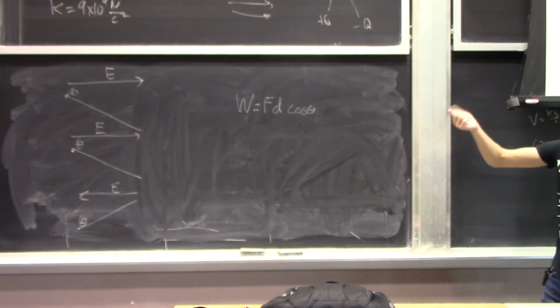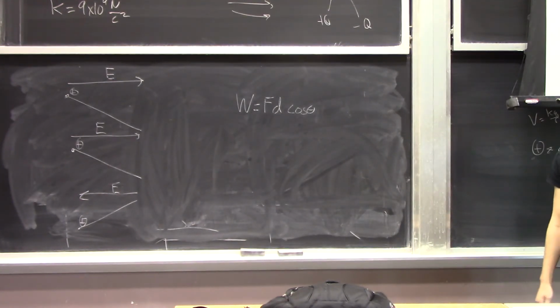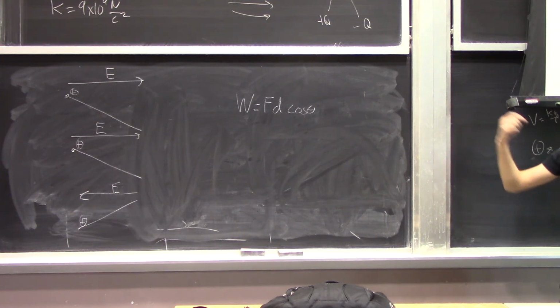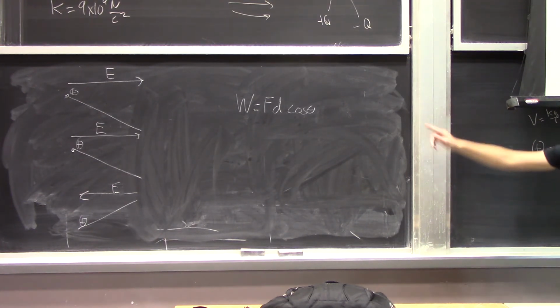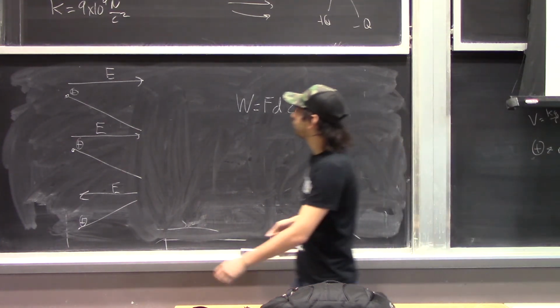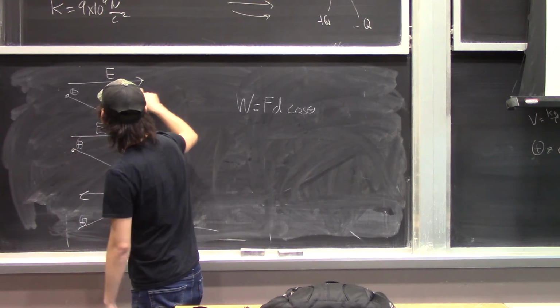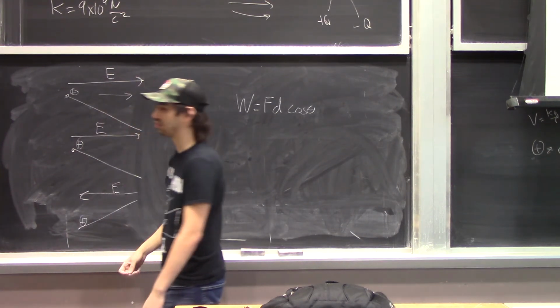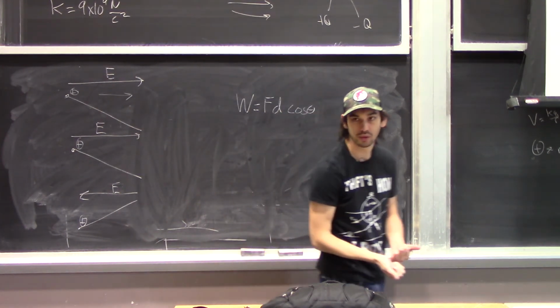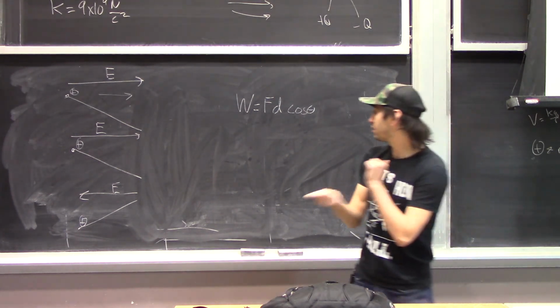So in order to rank the works on these, we need to, in a sense, not explicitly do the calculation, but be cognizant of the signs. If this force is pointing this way and the distance that I'm going is this way, are these parallel or anti-parallel? They're parallel, right? They're the same direction.